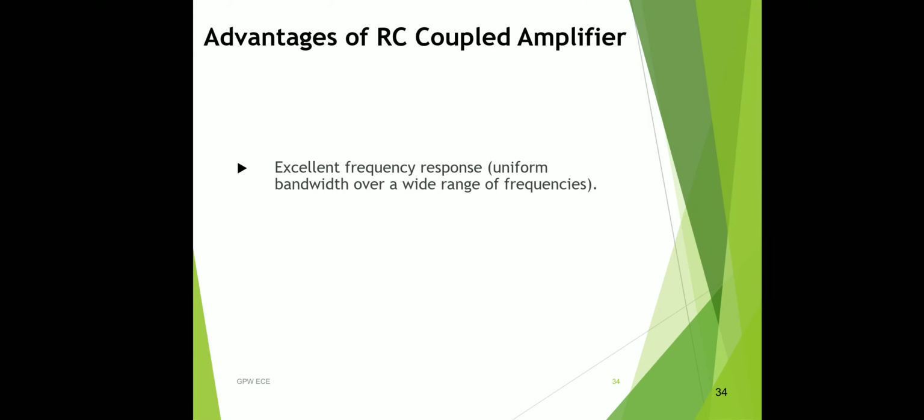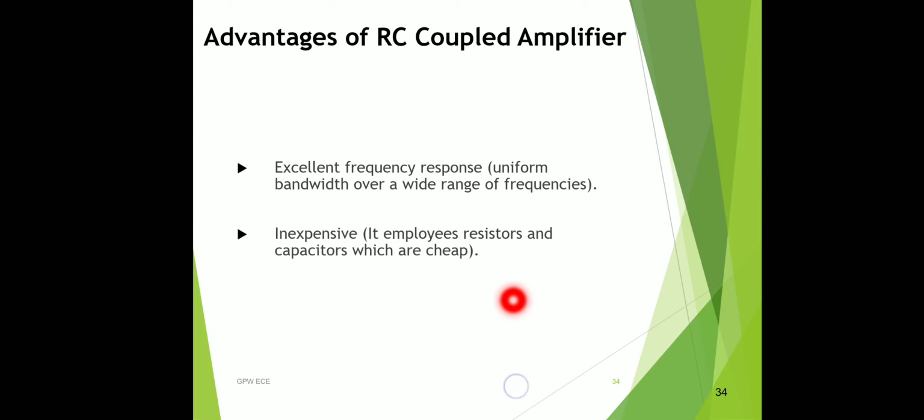If you observe the circuit, it is a two-stage amplifier. It consists of only two NPN transistors, and all the rest are resistors and capacitors. It is a simple circuit, and the cost of it is also very low. It is very inexpensive, the cheapest circuit, and very compact. Again, it provides less frequency distortion.